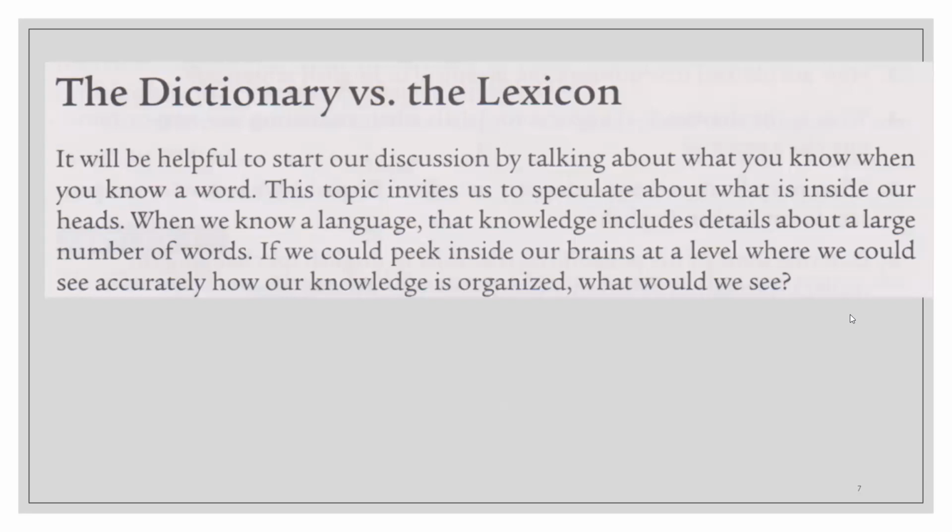Now let's talk about something called lexicon. We all know what a dictionary is. It's a big book. Nowadays, it's all on the web, right? No one uses a book anymore. You've got a dictionary. We all know how a dictionary works. What's a lexicon? Okay, a lexicon is sort of like your own personal mental dictionary. What do you know?